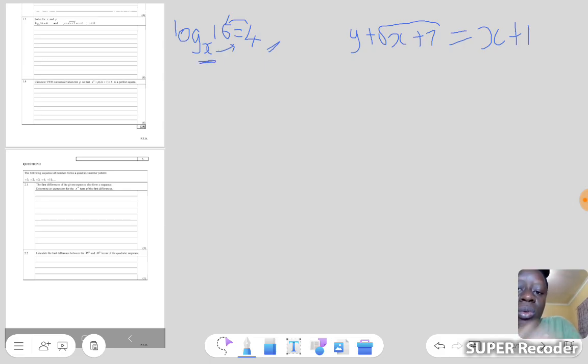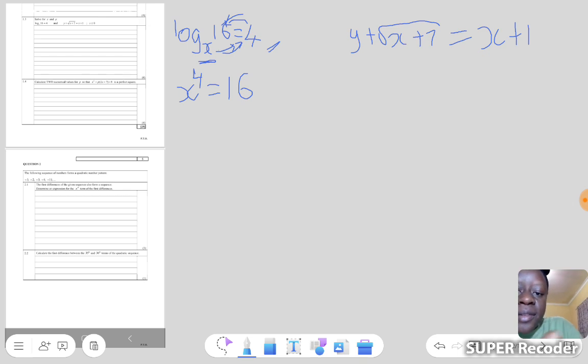This base will always be the same. It will be x to the power 4, because we are going this way, equals to 16.